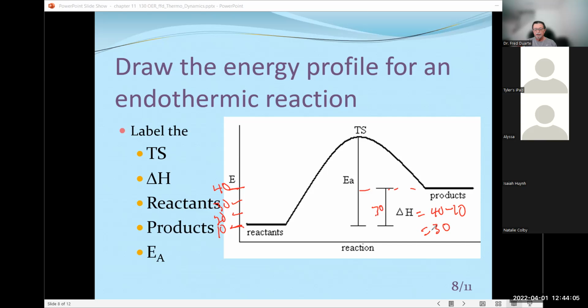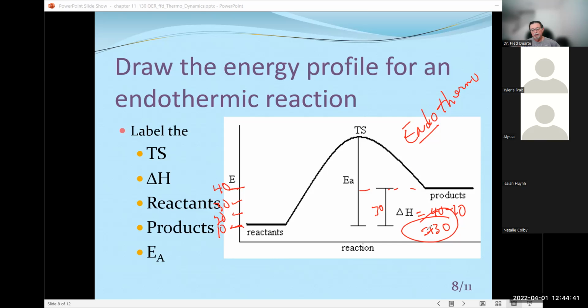And so that means the delta H is about 30 units of energy. Guess what? It's a positive value, okay? So delta H being positive should indicate to you that this energy profile is a description of an endothermic reaction, because we have a positive delta H. Therefore, being endothermic, it will get cold because it's taking energy from the environment into the system.